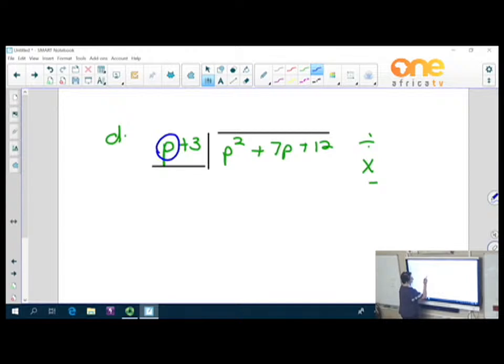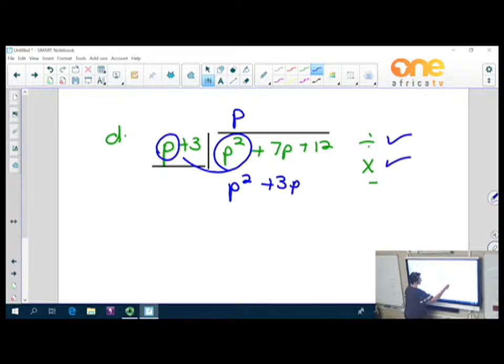How many times will p divide into the first term there? P times. Multiply. So it is p squared plus 3p. Subtract. Change the second signs. Eliminates. Plus 7 minus 3 is positive 4p, and I bring down the next term.